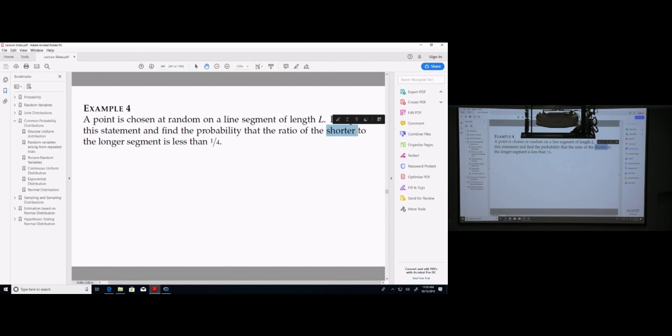If the break point of the line is on the left-hand side of the middle, then the left-hand segment is the shorter one, so you use the left one over the remaining one. But if the break point is on the right-hand side of the middle point, then the shorter one is the right one, rather than the left one, and so you will be using the right one over the left one.